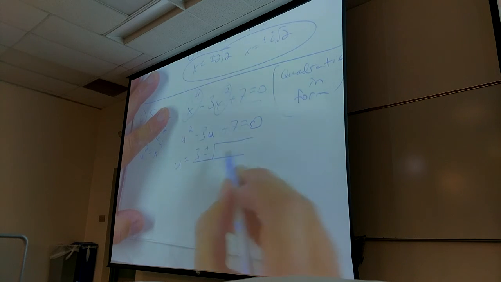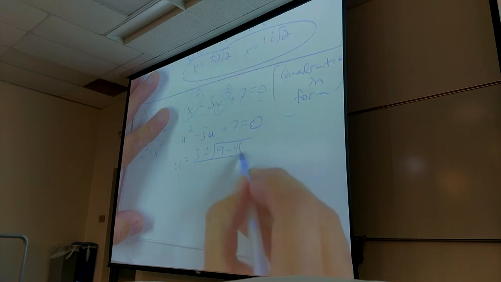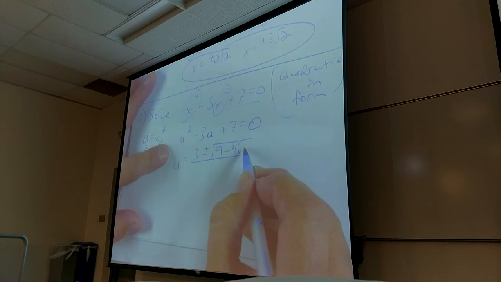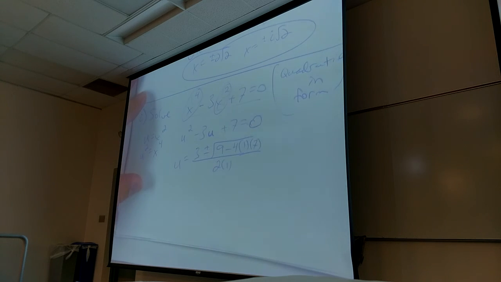Negative 3 squared is 9, minus 4 times a times c, all over twice a. That's what u is. That's what u do be.